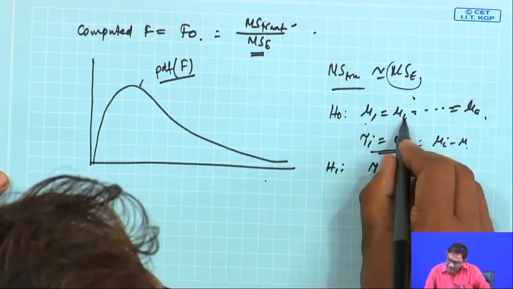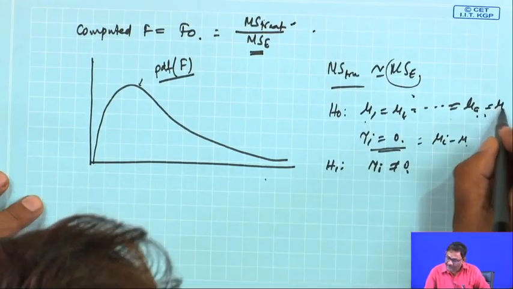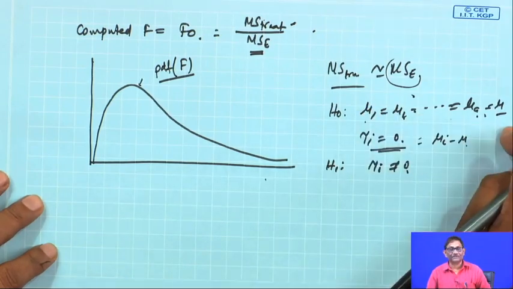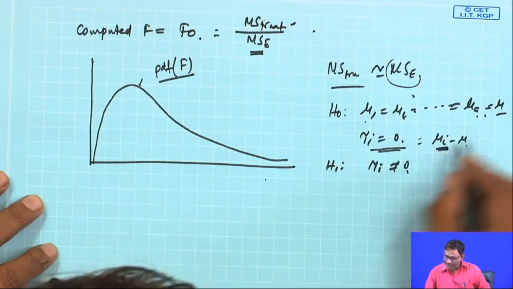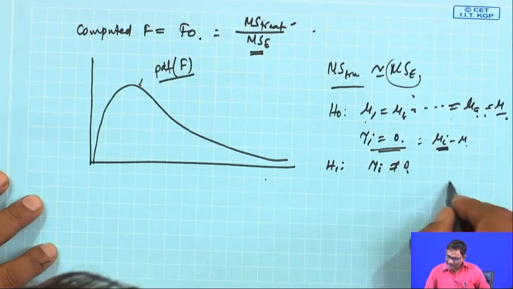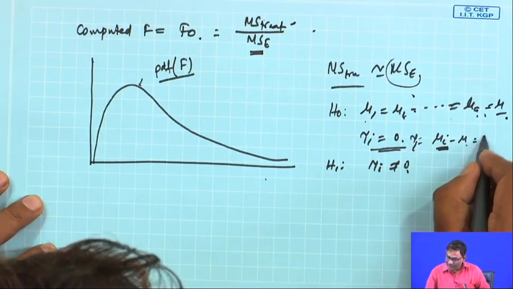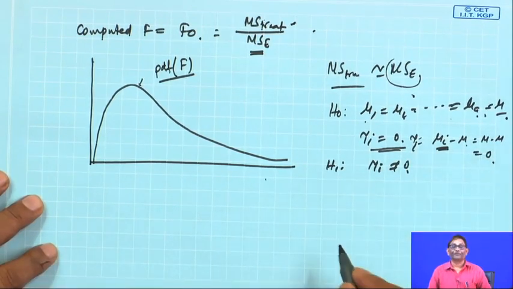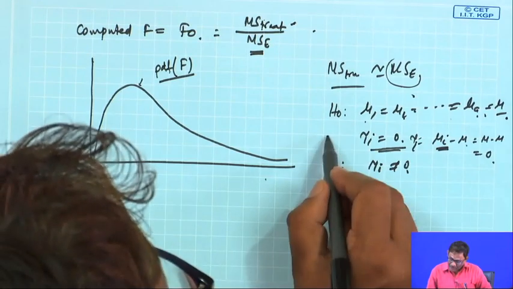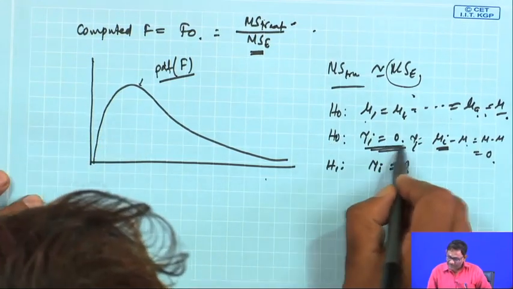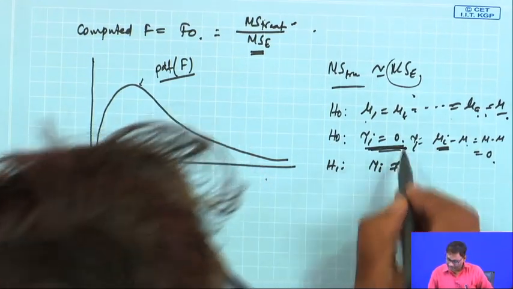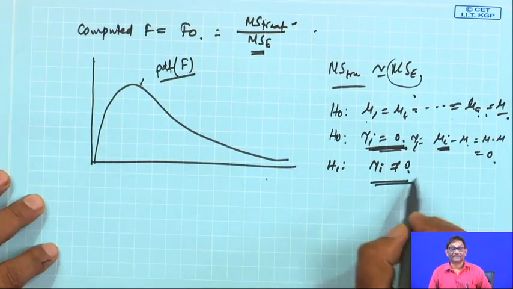Now, if mu 1 equals mu 2 equals mu a, this will be nothing but grand mu, because it is the mean of means. So if mu i becomes mu, then tau i is mu minus mu, which becomes 0. So our H0 is no effect, H1 is there is an effect.